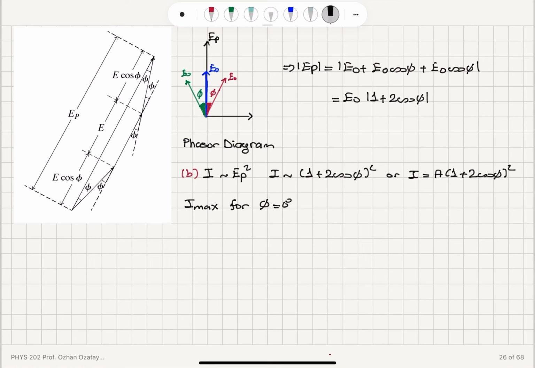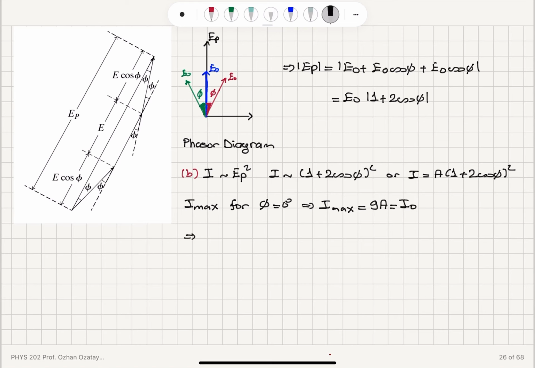So basically cosine 0 gives us 1 here, 1 plus 2, 3, squared. So this gives us an I max, the maximum intensity, to be 9 times A. That's what I'm going to call I0.